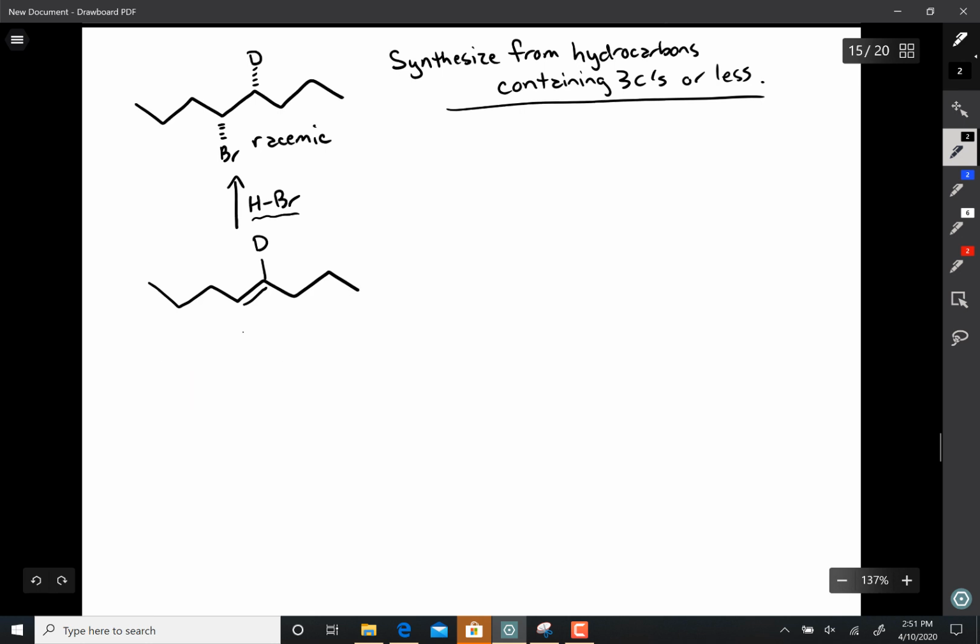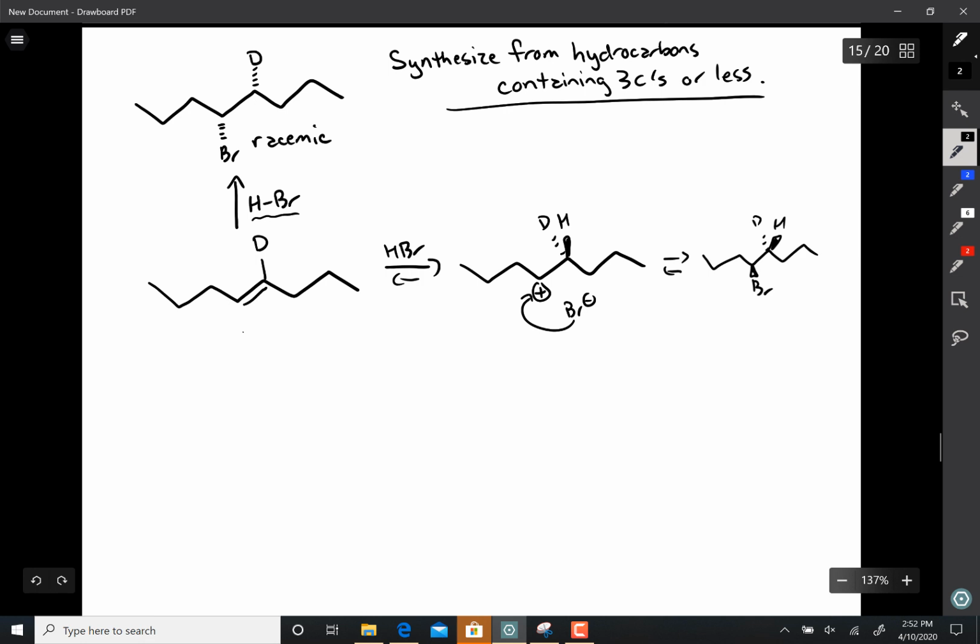If you were to treat this molecule with HBr, you would end up protonating, and that hydrogen can come from one face or the other face, and then the bromide can add from one face or the other face, and as a result, you end up with a mixture of diastereomers.